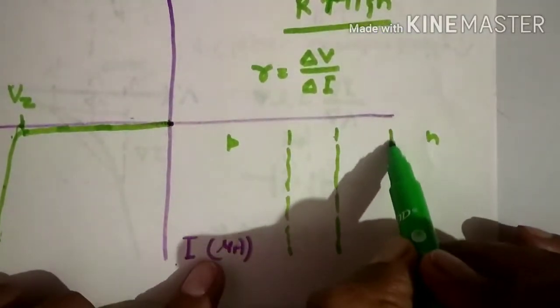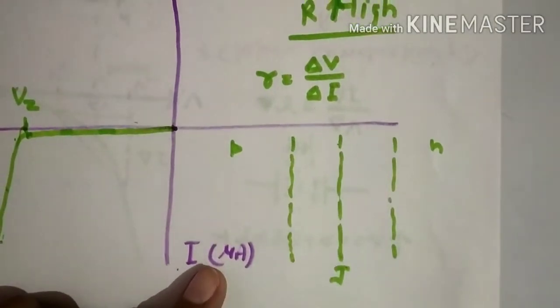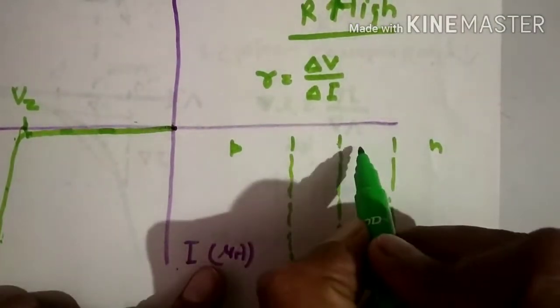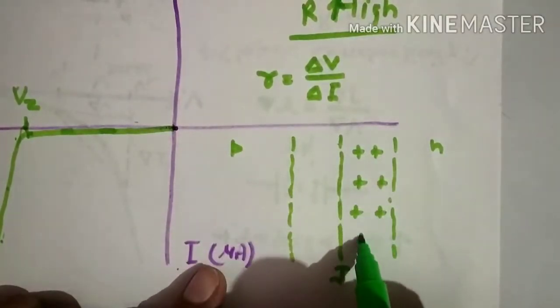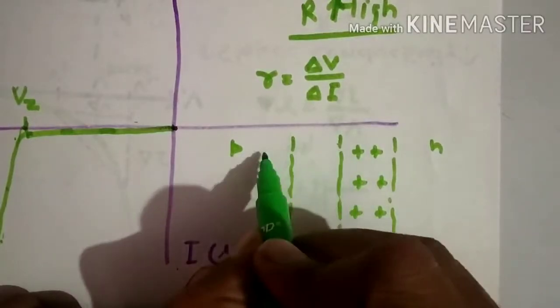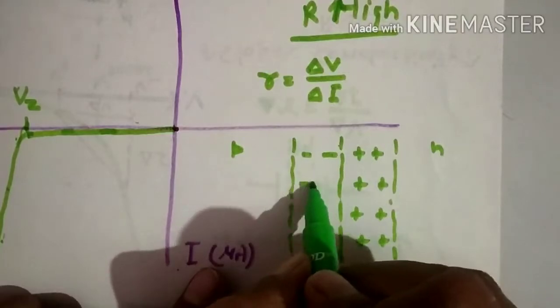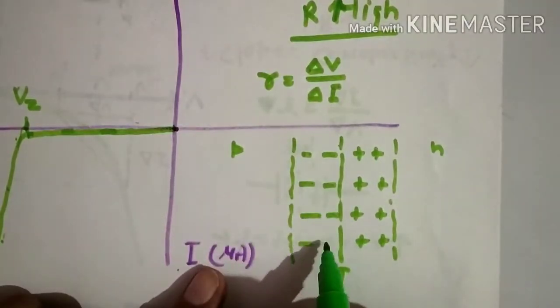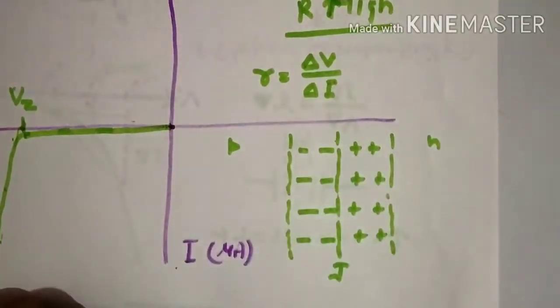This side of the junction, there is accumulation of positive charge, and this side, in the P-type semiconductor, there is accumulation of negative charge. So net charge in the depletion layer is 0. There is no current carrier in this region, so the resistance is very high.